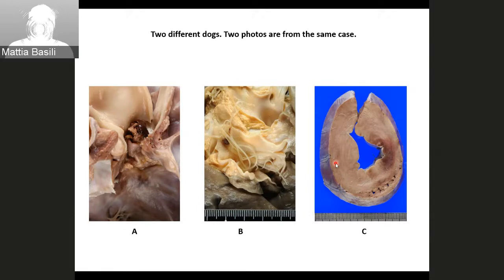We do have a region of this left ventricle that is discolored with a brown-red pigmentation that starts from the endocardial surface and goes towards the epicardium, affecting roughly half of the thickness of the wall. It's moderately extended, and again, it starts from the inner side, going outside towards the epicardium.